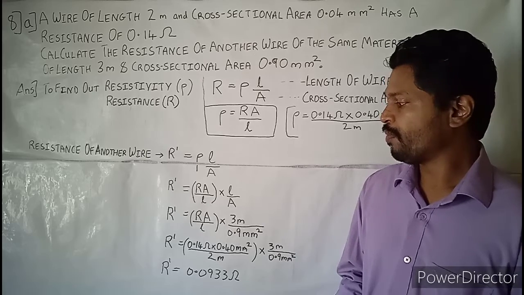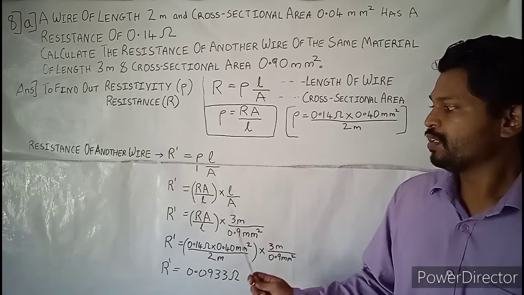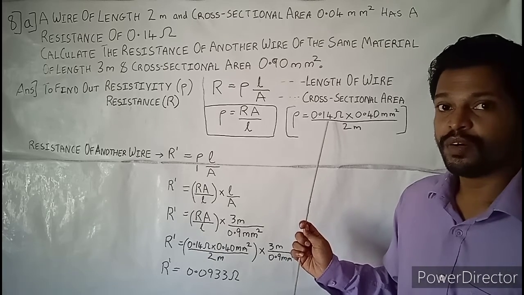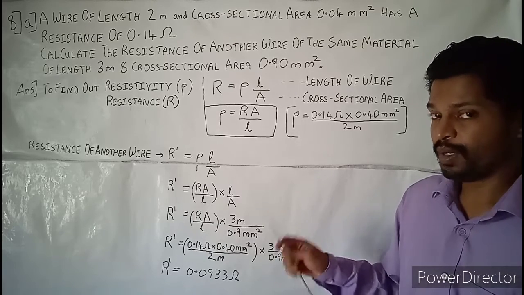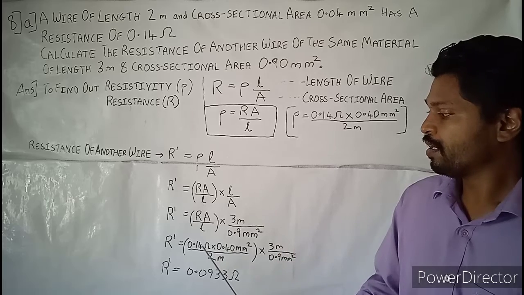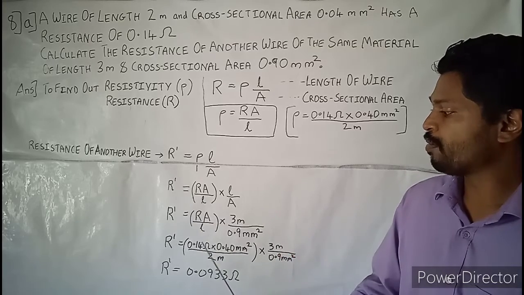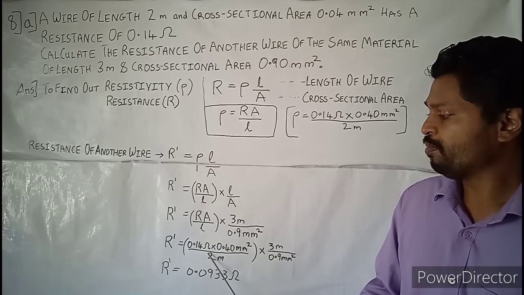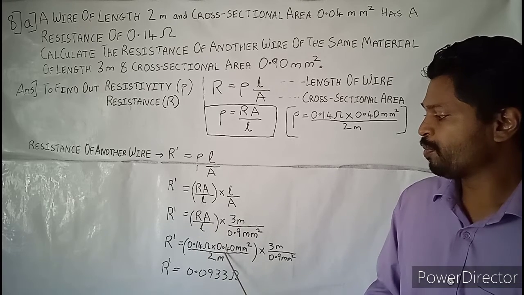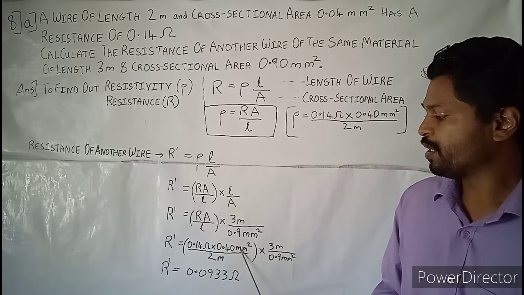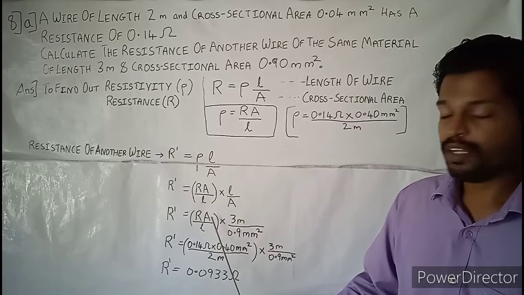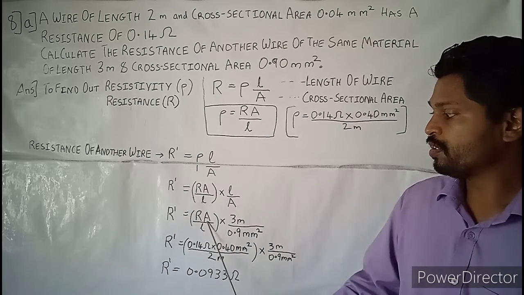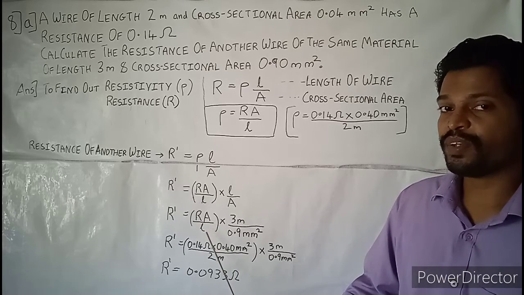So what will happen over here is that here you have to put the dimensions of the previous wire. In place of R you will be putting 0.14 ohm, in place of A you will be putting 0.4 millimeter square, and in place of L you will be putting 2 meters. So this is of the previous wire.